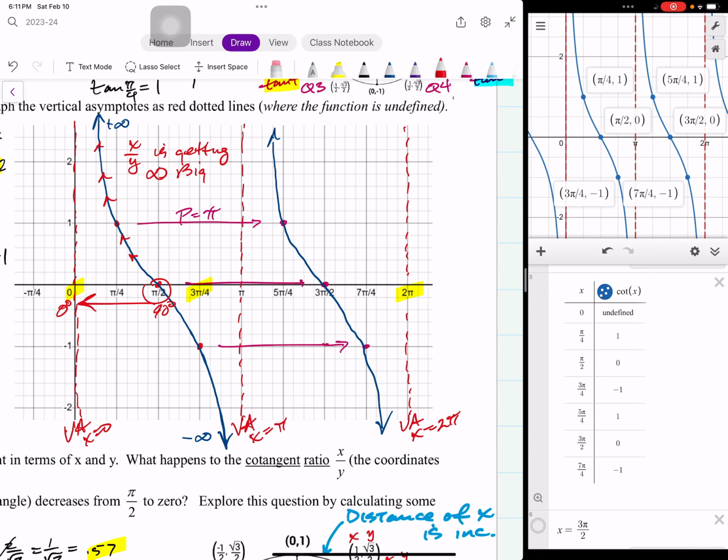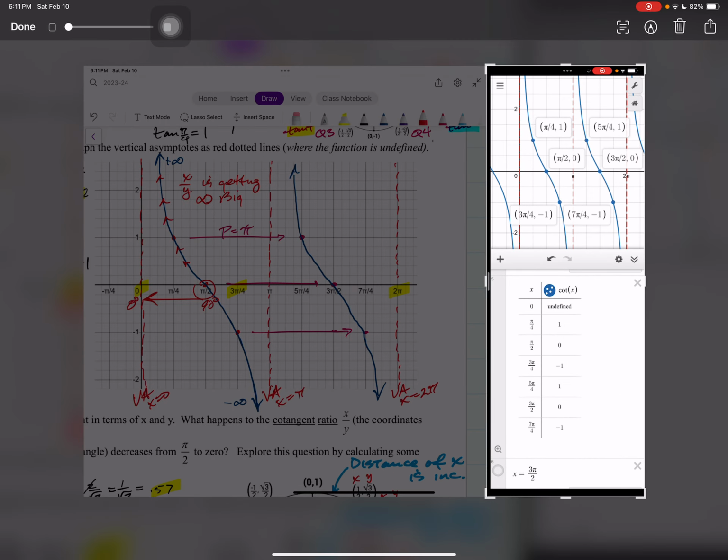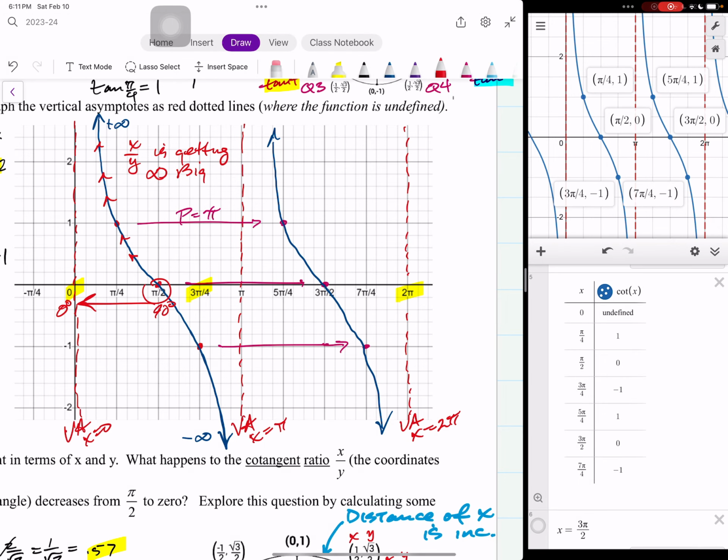So there is the same graph, two periods of cotangent. You'll notice on the right in Desmos, 0, pi, and 2 pi are the asymptotes. And the points I plotted here are the same points I plotted on the left. How about that? So screenshot this. Do what we always do in class, bring in your Desmos graphs, and add them to your file to make it complete.